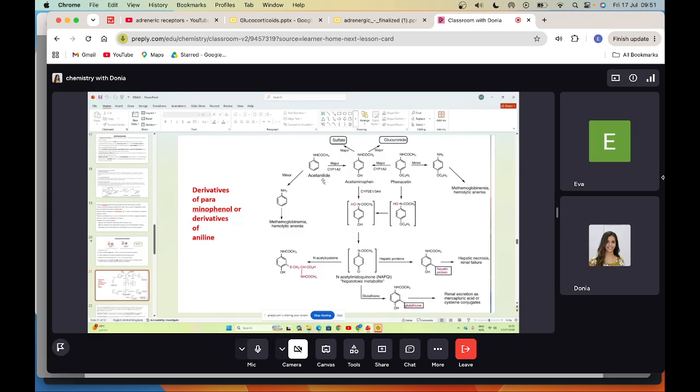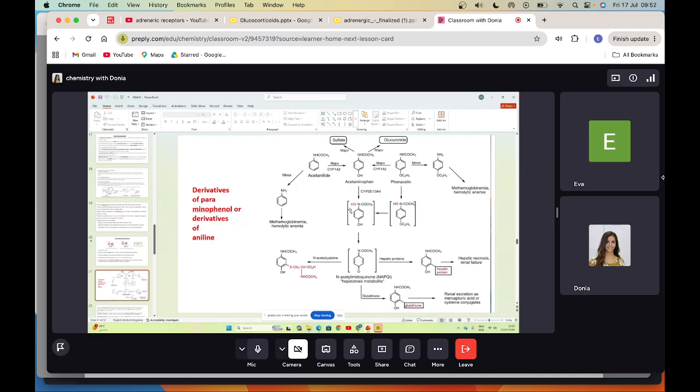Here, without this OH, we have something called acetanilide. This acetanilide can undergo metabolism, removing the acetyl group. Deacetylation takes place to give the aniline ring. This aniline ring causes something called methemoglobinemia. Can you remember the difference between hemoglobin and methemoglobin?